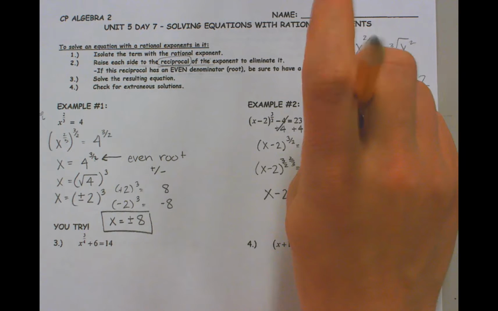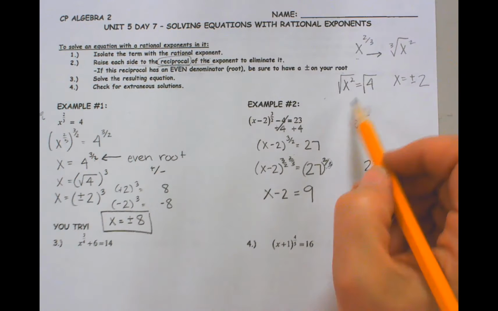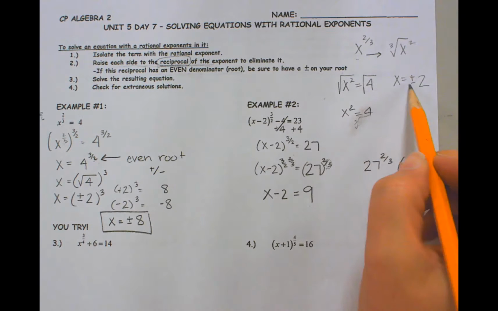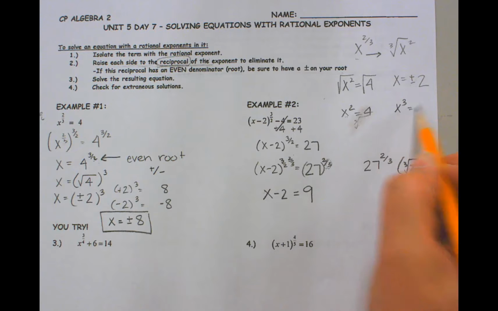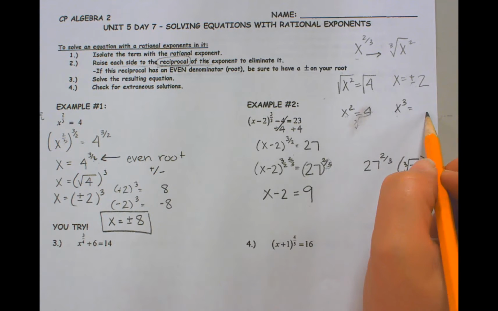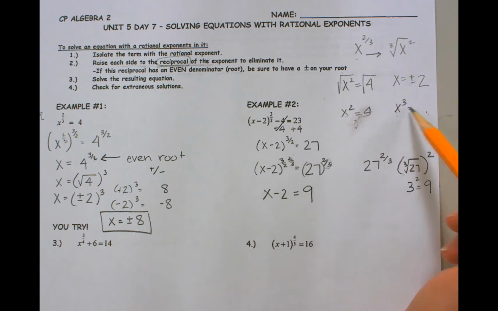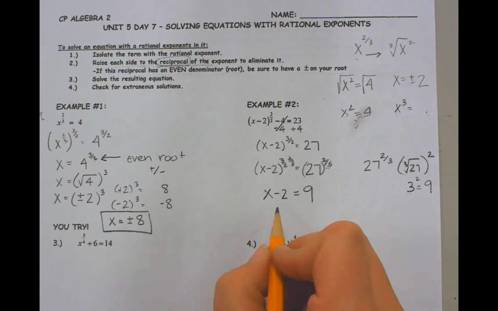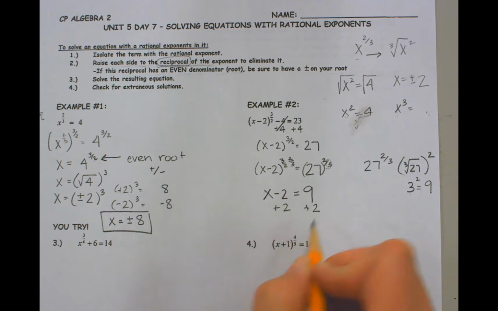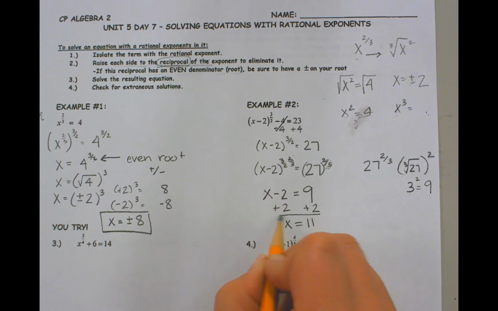The idea behind this is if I have x squared equals 4, I can plug in positive 2 or negative 2. If I have x cubed, if I plug in positive 2, I get positive 8. If I plug in negative 2, I get negative 8. So cubes don't give us the same result. So then I just have positive 9. So then to solve for x, I add 2, and I get x equals 11.